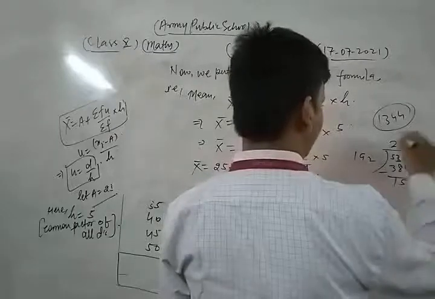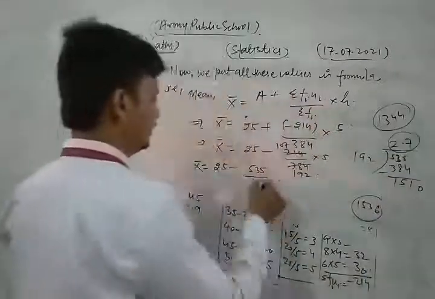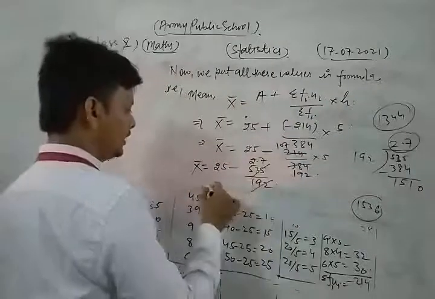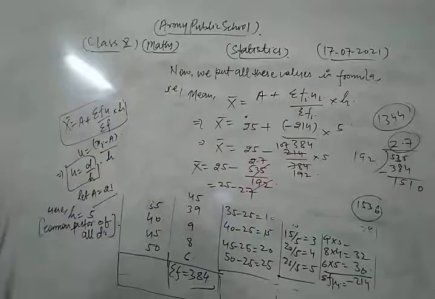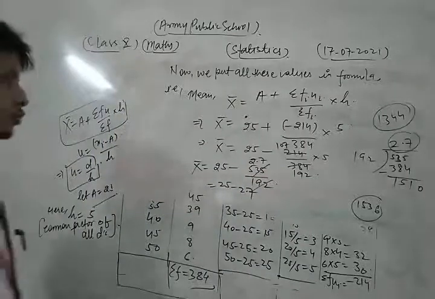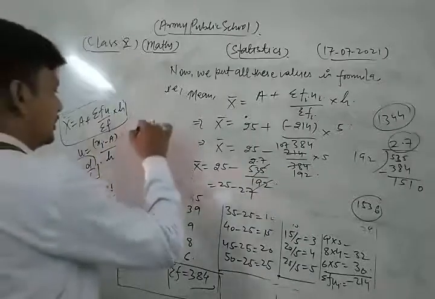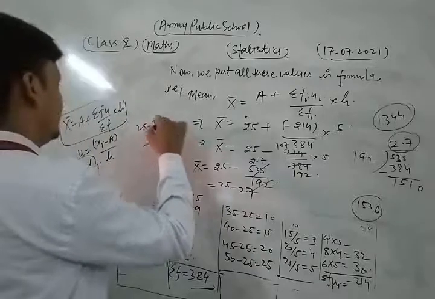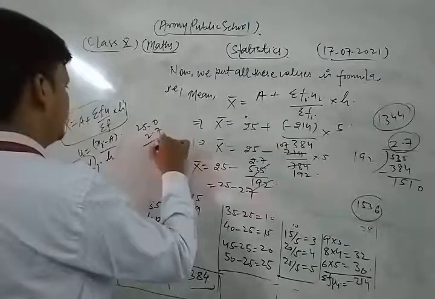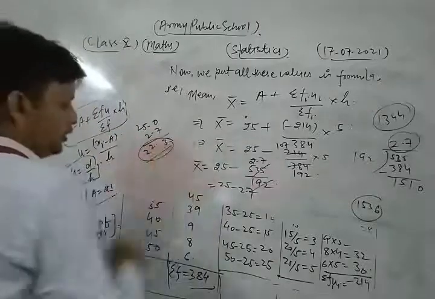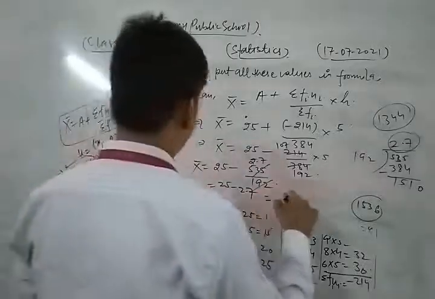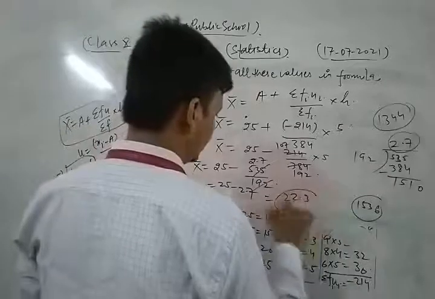So we get 2.7. So we get 25 minus 2.7. So we subtract 2.7 from 25.0. 10 minus 7 is 3, 4 minus 2 is 2. So we get 22.3.